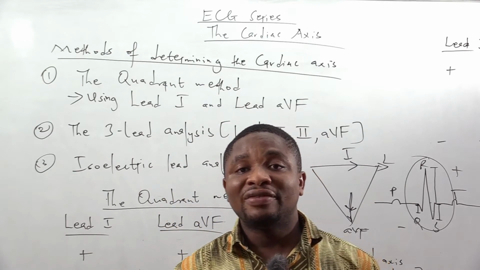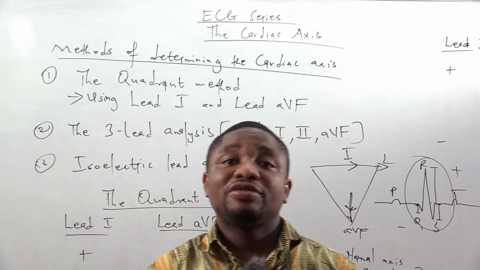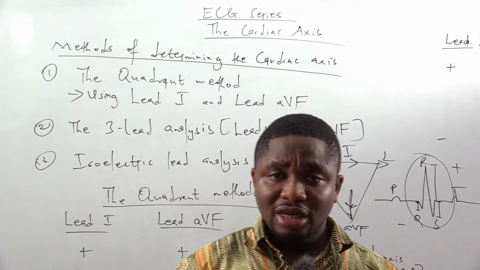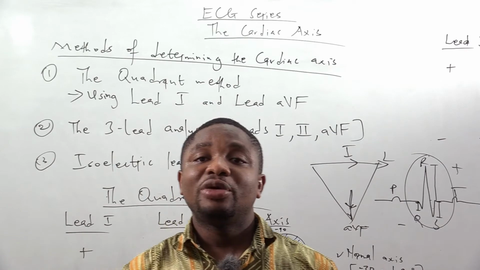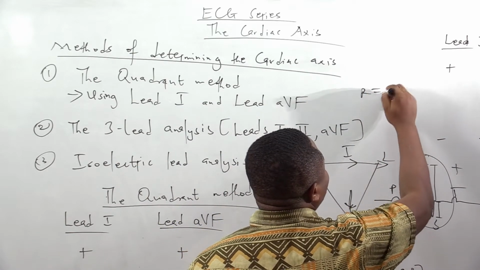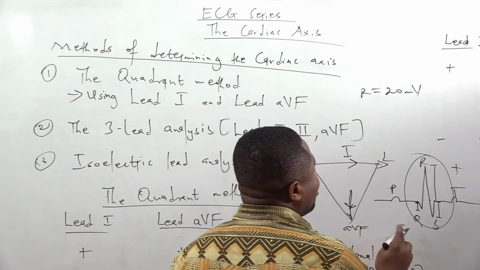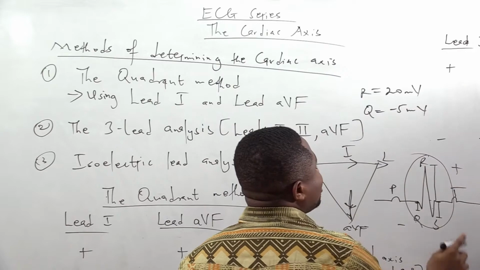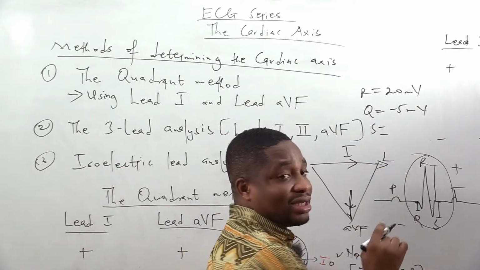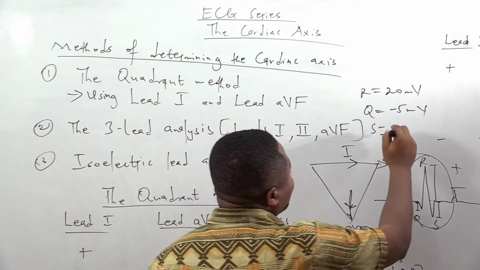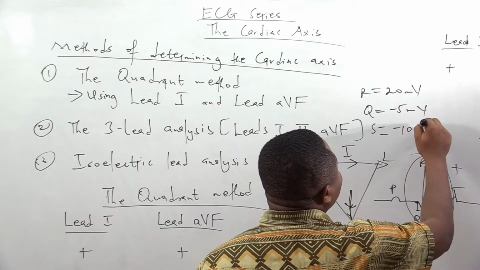It's just like, let's take the amplitude of the R wave to be 20. You calculated it, you got 20 millivolts. Amplitude of the Q wave, you calculated it, you get minus 5 millivolts. Amplitude of the S wave, you look at it on the graph which we're looking at in our next series, and you have it to be minus 10 millivolts.